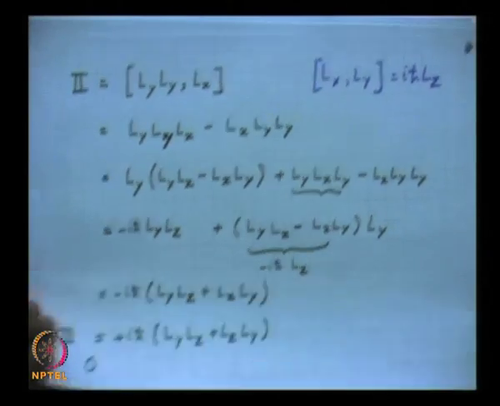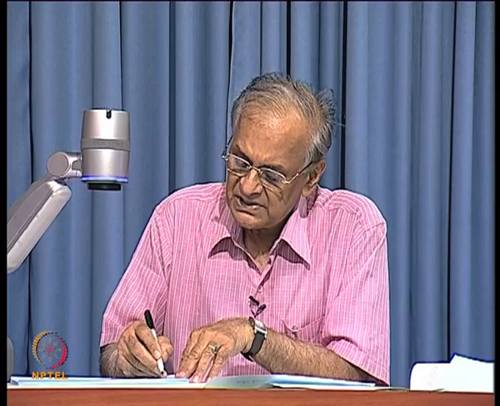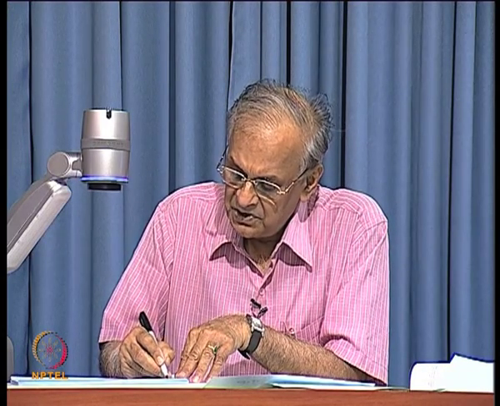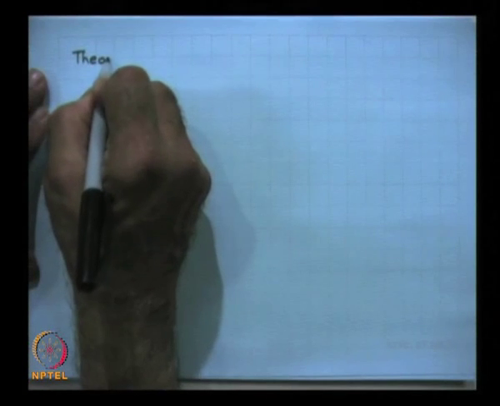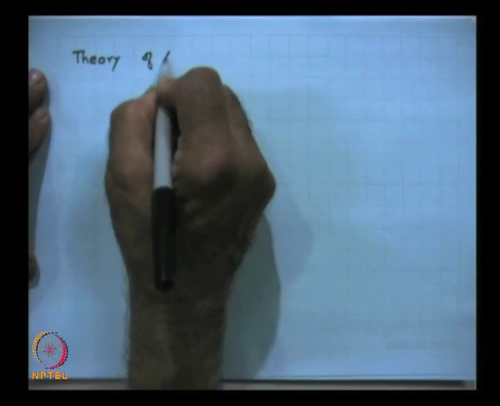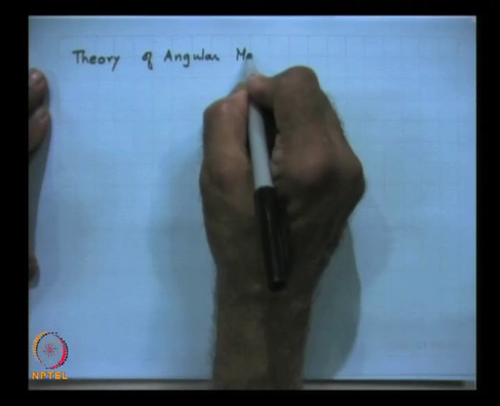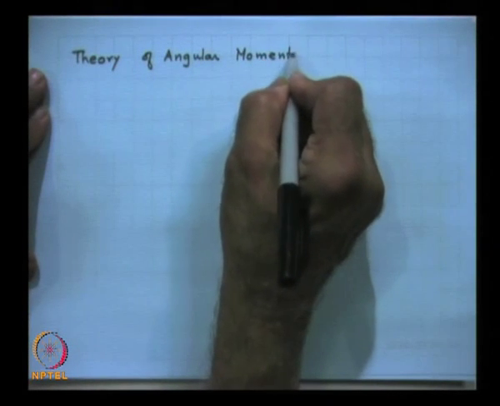Similarly, we have 3 commutation relations that we have derived, and so the starting point of the theory of angular momentum is to start with the commutation relation.